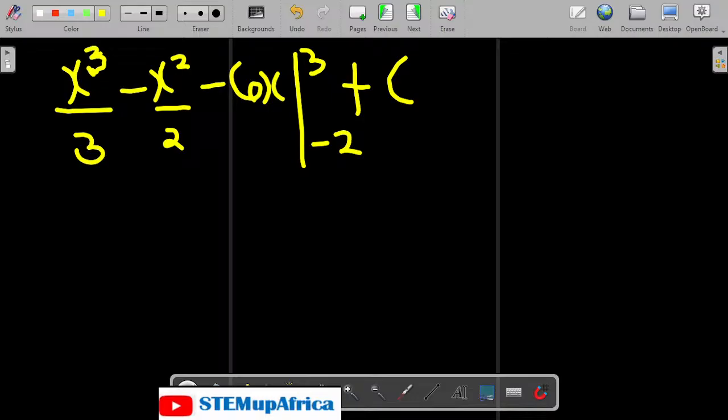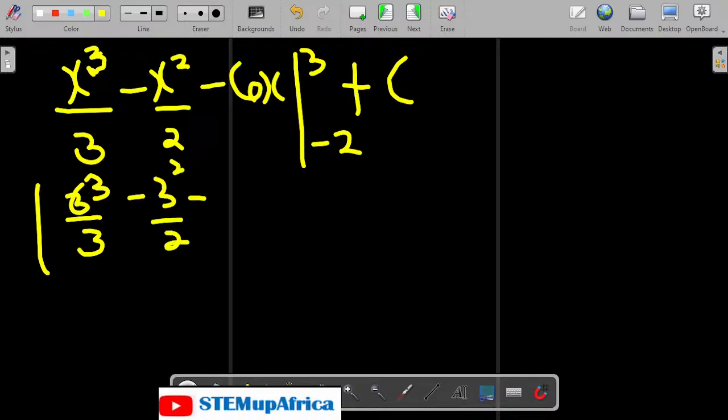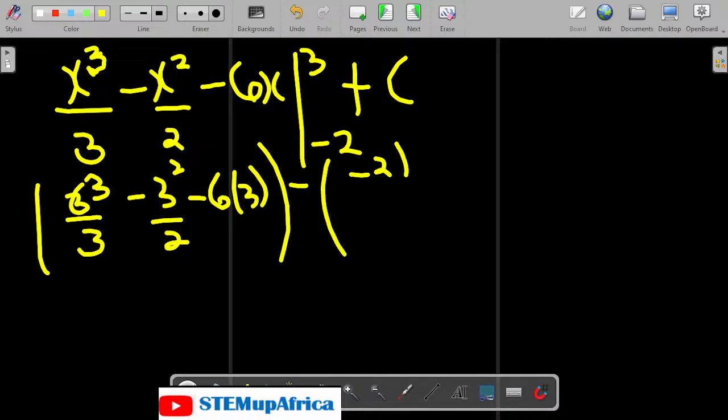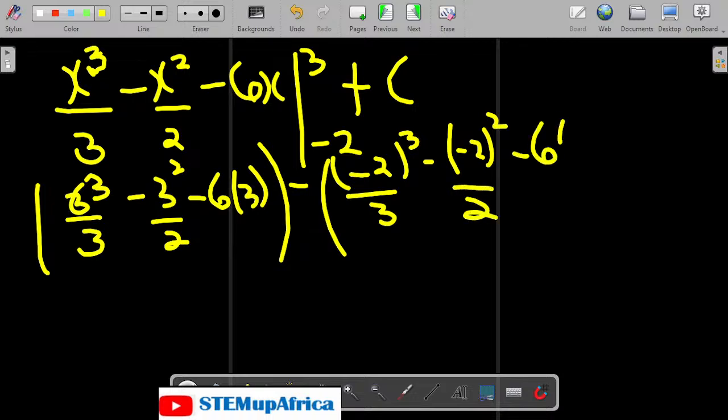So let's substitute when x is 3. I'm going to have 3 raised to power 3 over 3 minus 3 squared over 2 minus 6 bracket 3. Let's also substitute x as minus 2: minus 2 raised to power 3 over 3 minus minus 2 raised to power 2 over 2 minus 6 bracket minus 2.